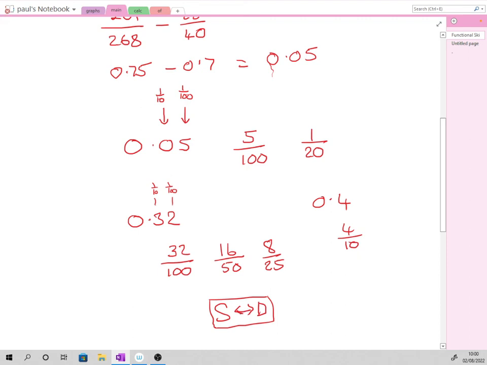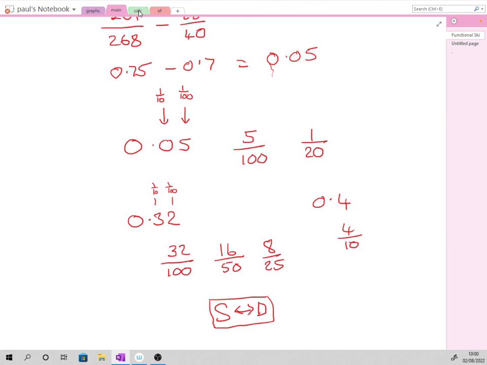But you can press that button to change between 0.4 and 4 over 10, and go backwards and forwards. It also simplifies the fraction for you as well.